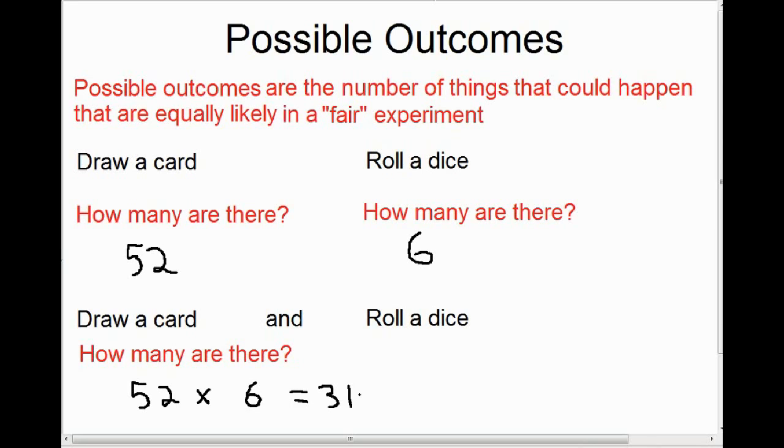So that's how many possible outcomes. Now, I'm not going to list them all here, but for example, one possible outcome is we could draw the Jack of Diamonds and roll a 3. That's one possible outcome out of 312 possible outcomes. So again, when we're combining 2 experiments to figure out how many outcomes there are for both combined together, we take the possible outcomes of one, the possible outcomes of the other, and we multiply them together.